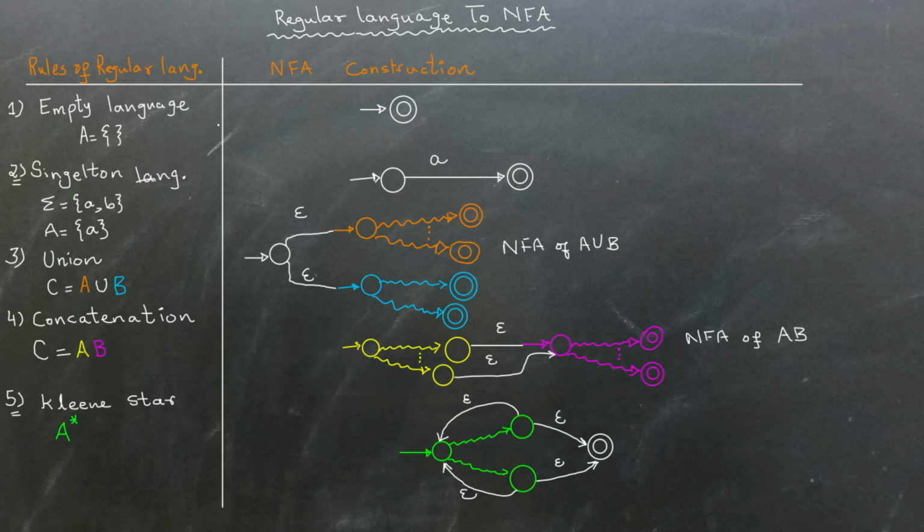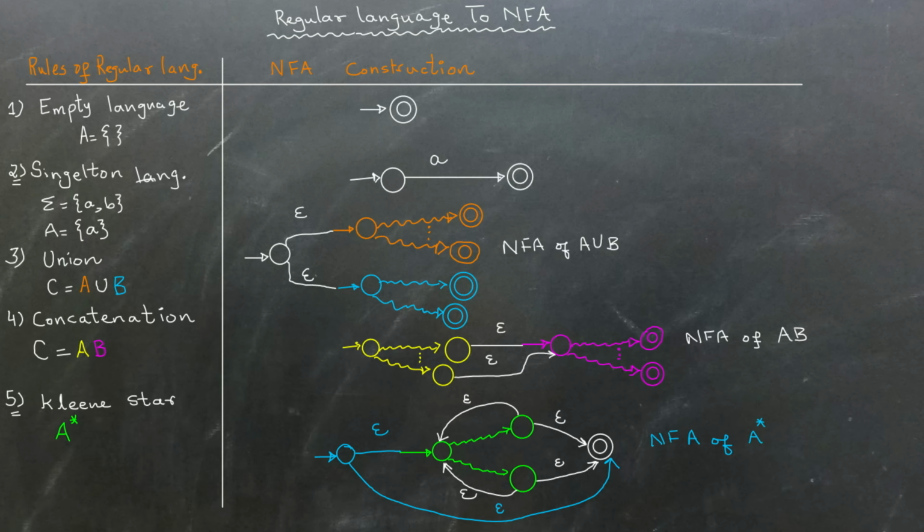Step 3. Create a new start state and add an epsilon transition from this new start state to both the original start state of A and the new final state. The final diagram represents the NFA for Kleene star of language A.